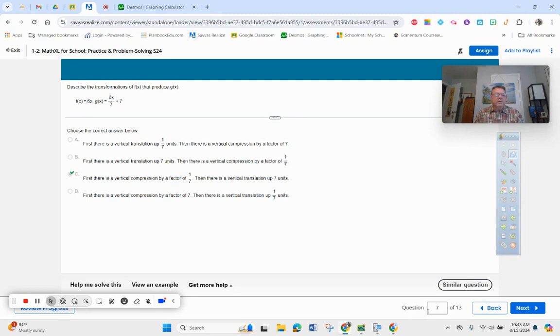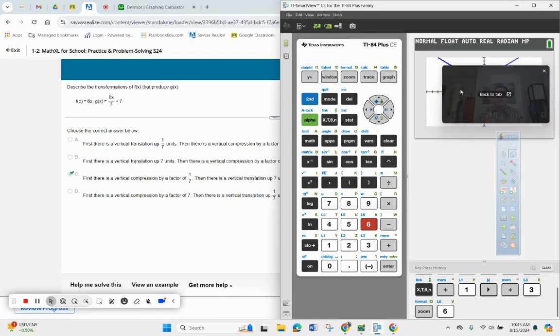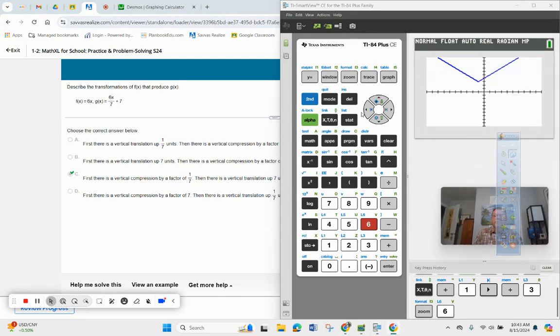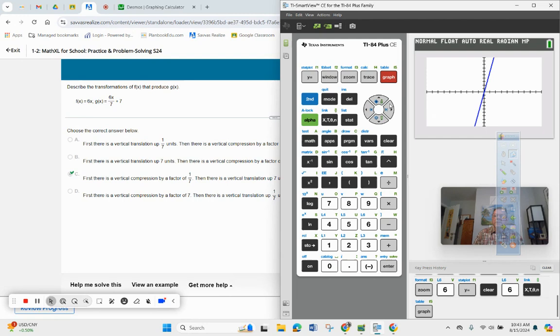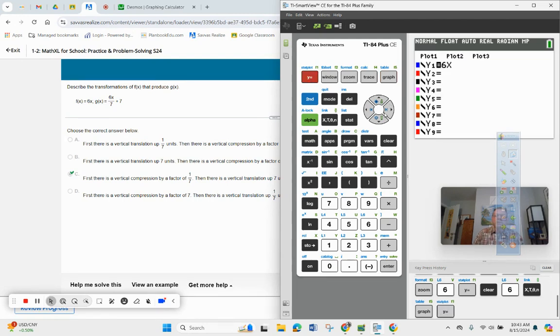What we could do is grab our calculator here and confirm that information. Let's put clear here. We got 6x. There's that graph there, and then we come down to y equals.